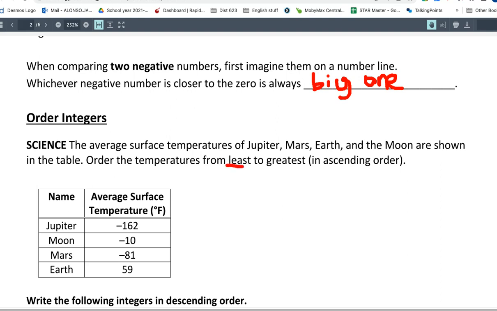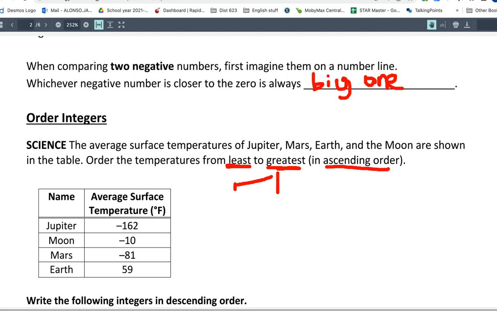So that means from the smallest to the biggest one. So this one is a little line and this one is a big line, right? That is called ascending. When you go from small to big like that, that is called ascending order.